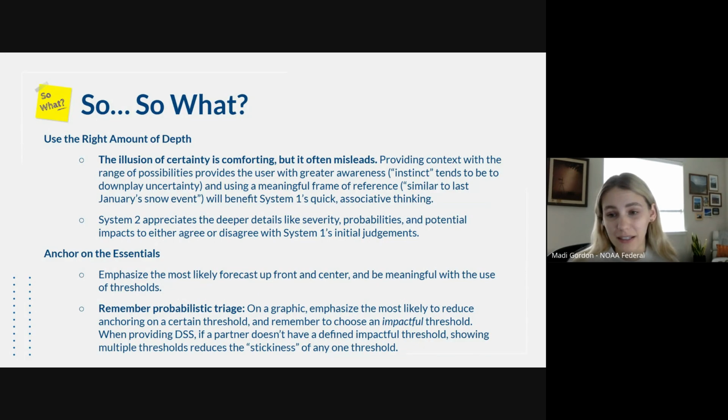And we are radically indifferent to the quality and the quantity of evidence that's presented to us, especially when we're depleted from having to make multiple decisions like our partners often are. So just be cognizant of what's going on your graphic. Try to emphasize your most likely up front and center no matter what. Try to avoid things that are overly complex. Leverage that plain language, those sorts of things.